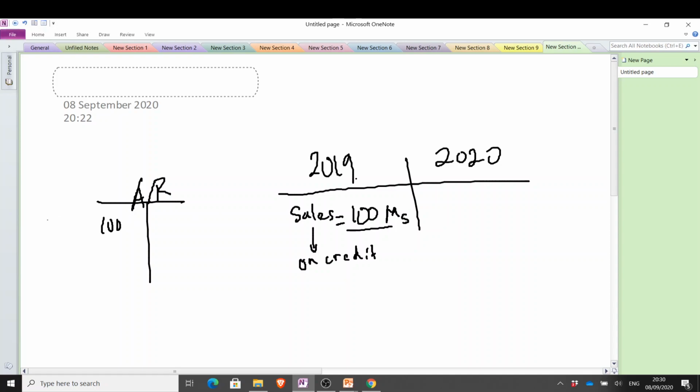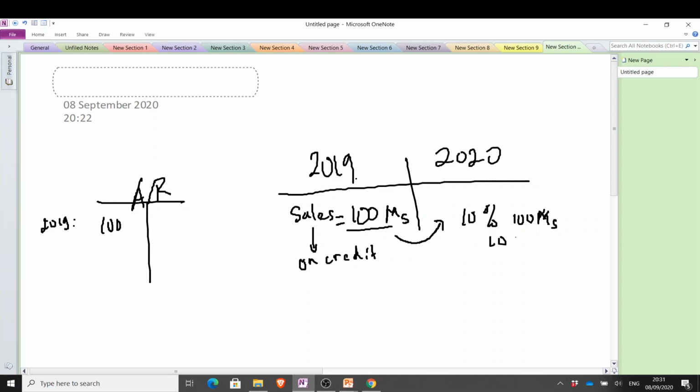This happened in 2019, and we expect that all the money will be collected in 2020. So in 2020, we find that 10% of our receivable of 100 million cannot be collected.